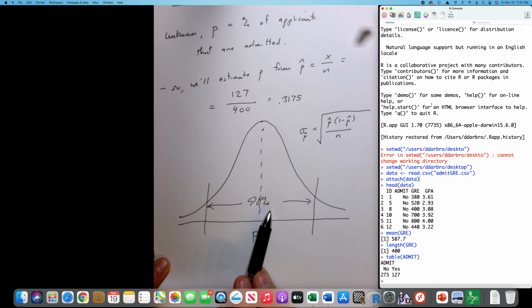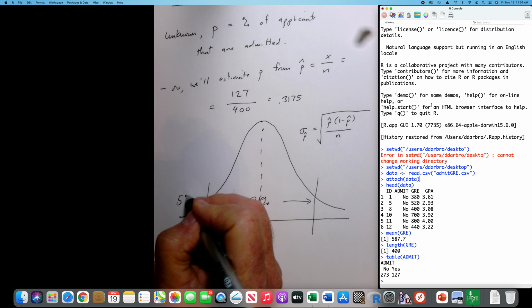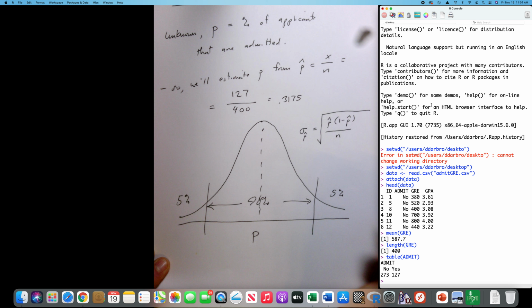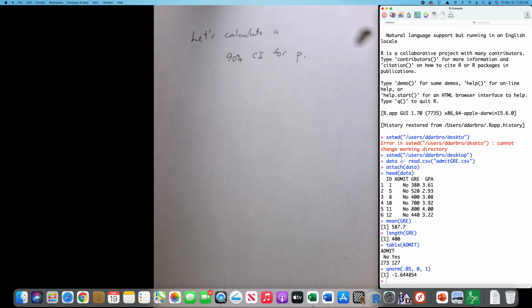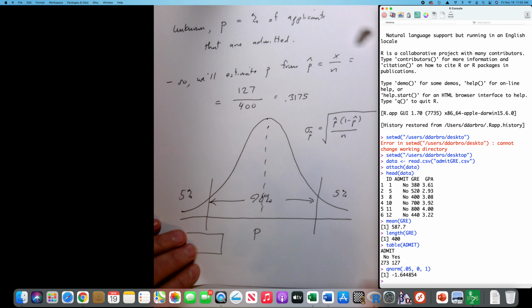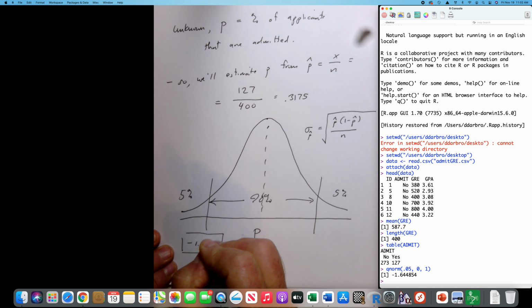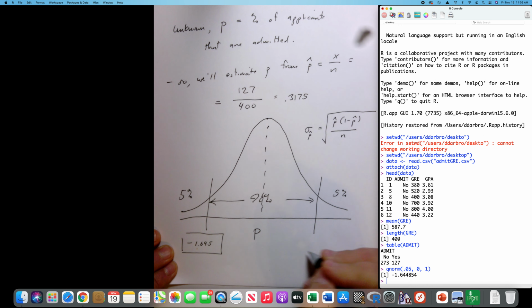So if we have 90%, we're missing 10%, which tells me that 5% has to be in this tail and 5% has to be in this tail. So to identify this value right here, I would use qnorm 0.05, 0, 1. So negative 1.645 is this Z critical, and obviously positive 1.645.